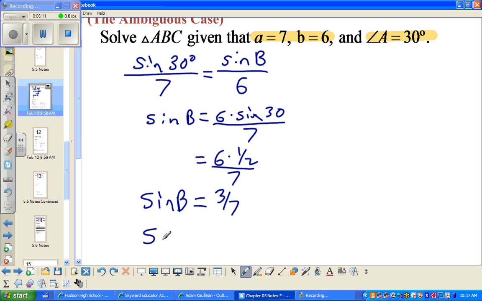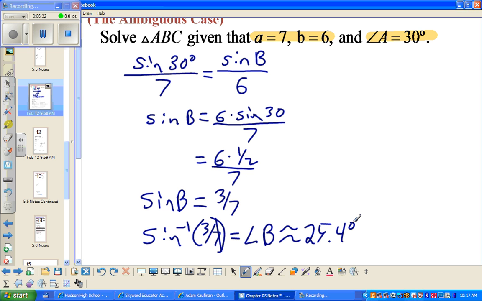So I'd have to take the sine inverse of 3/7 to get the measure of angle B, which would be approximately 25.4 degrees.